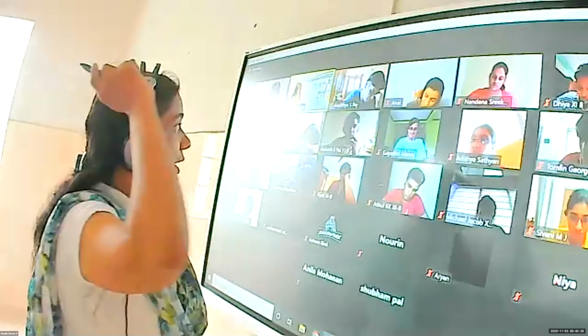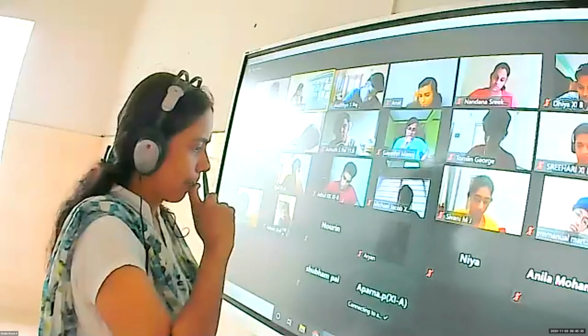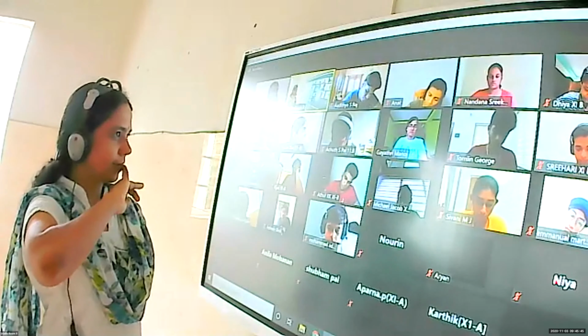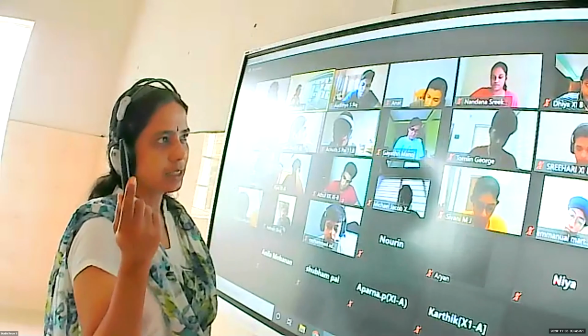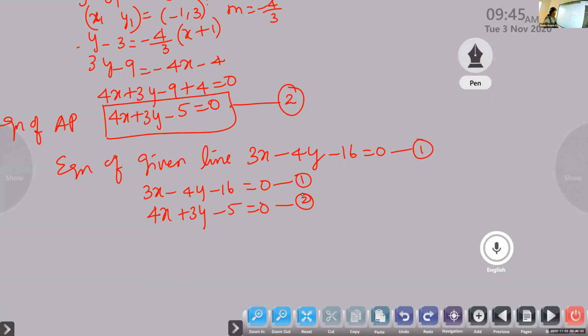No, the y value is negative 49 by 25. Somewhere it went wrong. What about Srihari? I got 49 by 25. Okay. What about Gayatri? This is an important repeated question, and only one question is there in the CRT textbook. Y is negative 49 by 25.